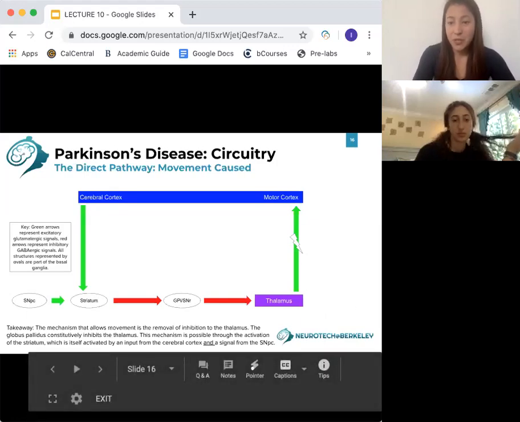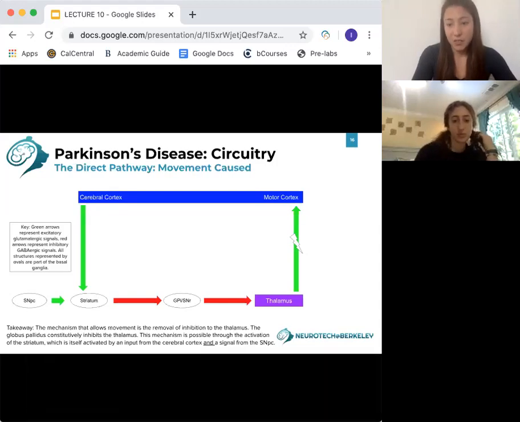When the cerebral cortex sends a signal to the striatum, it inhibits the globus pallidus and the substantia nigra reticulata. So first we have the movement signaled, so that's more of an activated signal, not a constitutive signal, right? So the movement is signaled.